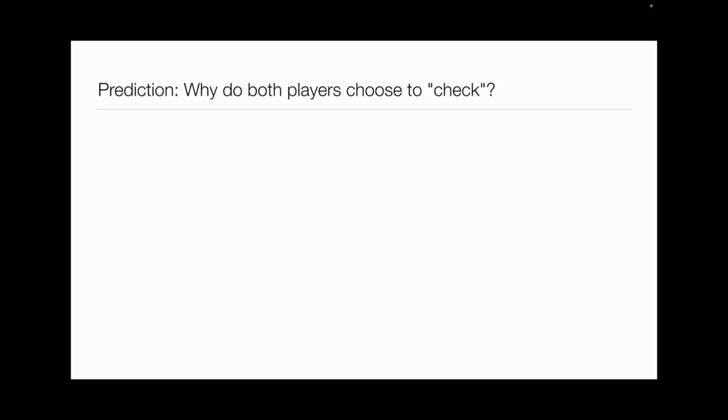And from these 2 examples, we can conclude some predictions about people's internal thinking. Why will people choose to check even when their probability of winning is high? Firstly, it may be simply because they are not confident enough in their cards and their chips are not at an optimistic amount.